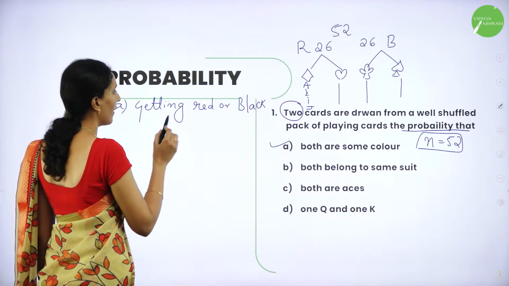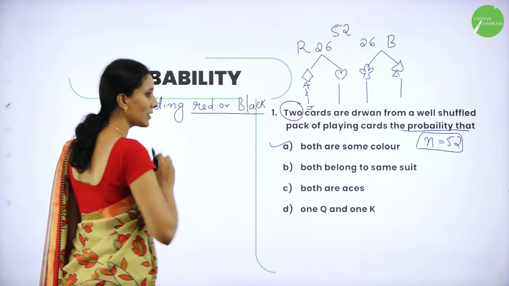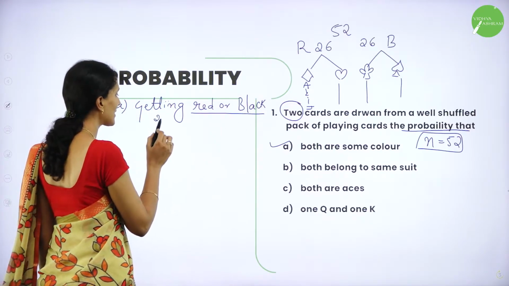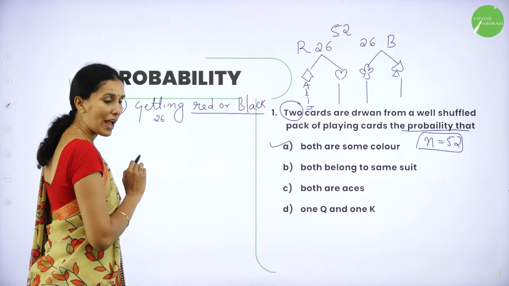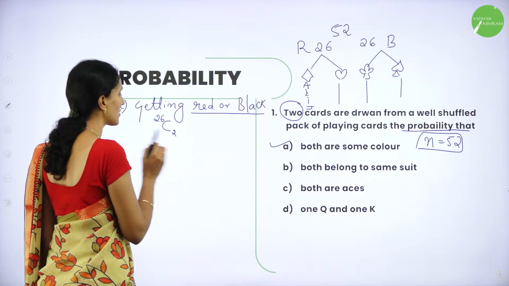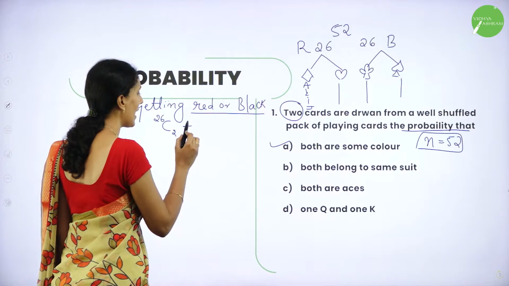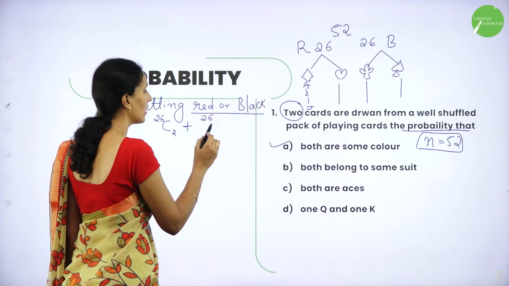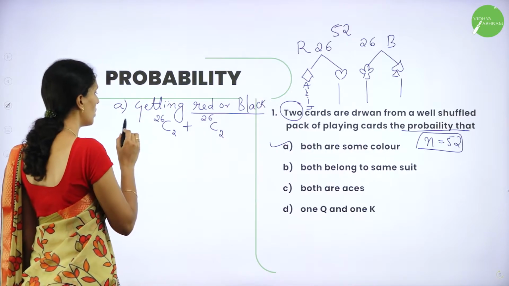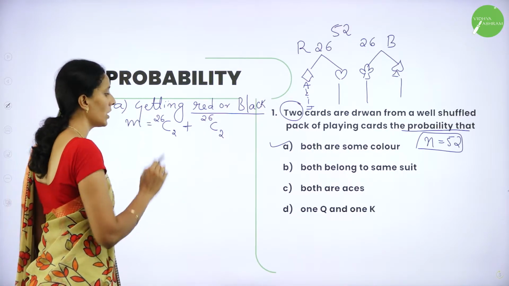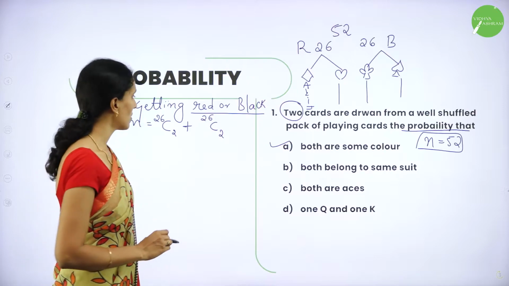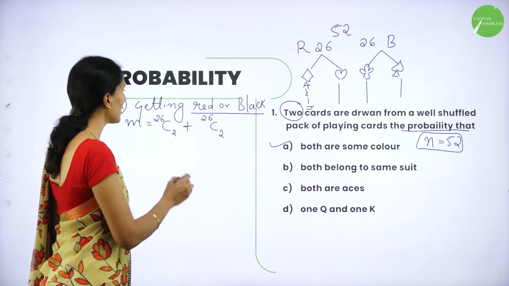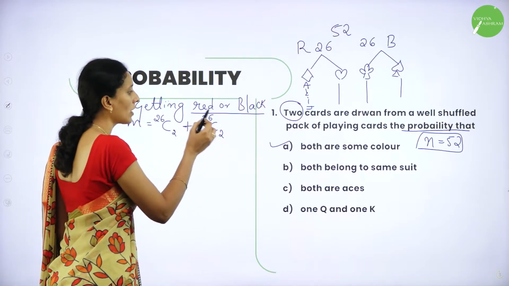So therefore, red or black. How many reds do we have? We have 26 reds. How many cards do we have to choose? Only two cards. Or represents addition. So 26 cards of black, choosing 2. So therefore, my M will be 26C2 plus 26C2. So that is either red card or black card.